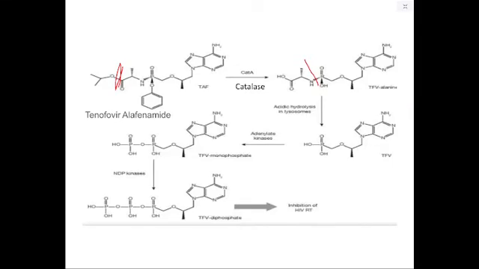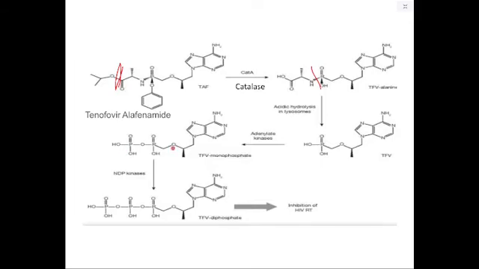So it's giving us tenofovir alanine, and then after that you get acid hydrolysis in the lysosomes, and that acid hydrolysis now will cleave up to there to give us the drug, which is the tenofovir. And tenofovir has an advantage in that it already has one phosphate. Then it undergoes adenylate kinase, because you can see this is adenine, to give us the tenofovir monophosphate.